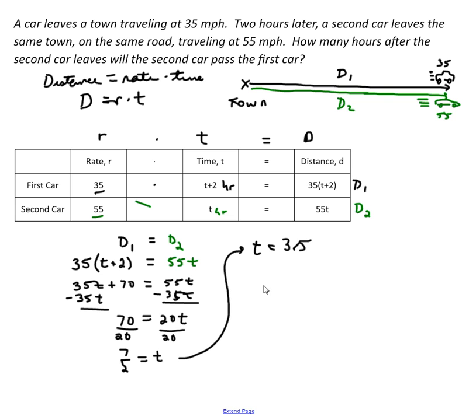So our answer is going to be what? 3.5 hours after car 2 leaves, it is going to catch up with car 1. Right? So we want to put that in context. How many hours after the second car leaves? Well, 3.5 hours after the second car leaves. That's our answer.